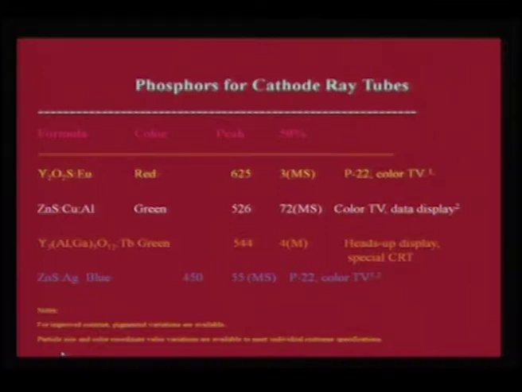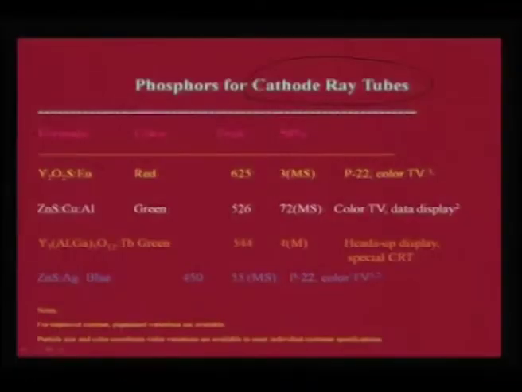And what are the phosphors that are used for cathode ray tube application? To single out some examples which are used in CRT applications, as I told you, yttrium oxide or yttrium oxysulfide with europium doping is supposed to be the most preferred one for red.